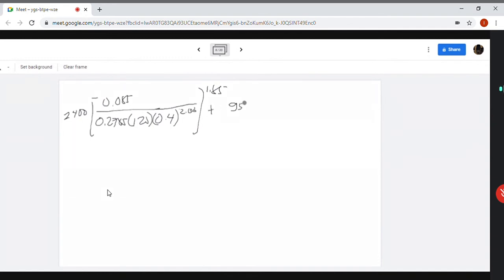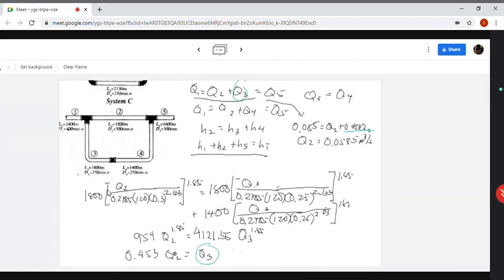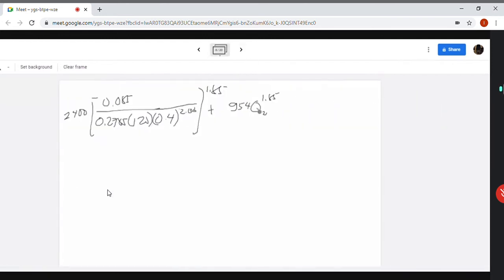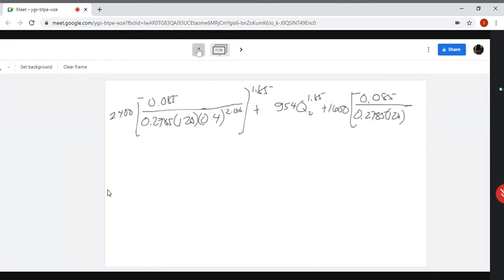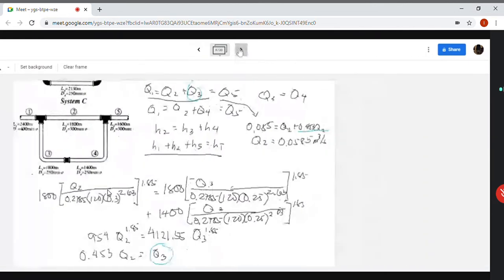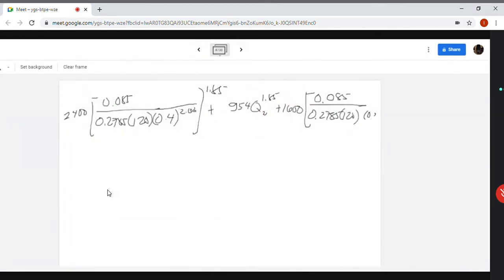So 954 Q2 to the 1.85 is what I used. Then plus head loss 5 which is 1,600 times 0.085 over 0.2785, 120, and D of 0.3, to the 2.63 to the 1.85.